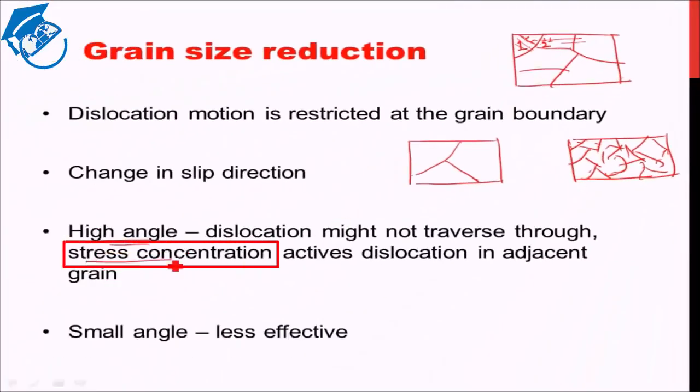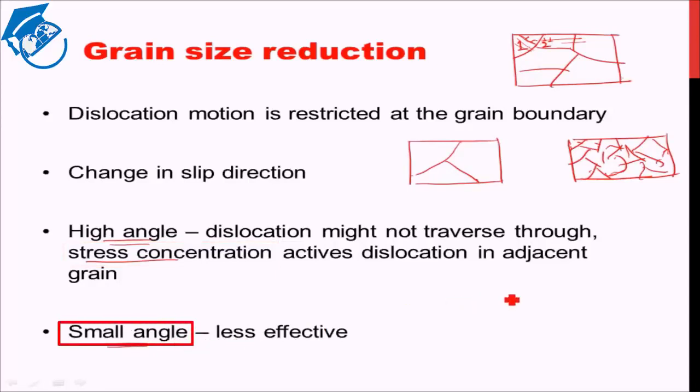So stress concentration leads to activation of dislocations in the adjacent grain for high angle grain boundaries. For low angle grain boundaries, the dislocation can actually traverse from one grain to another, but even then there has to be sufficient stress for the dislocation to be pushed from one side to the other. But this will be a less effective method to increase the strength, because obviously small angle grain boundaries mean small mismatch.